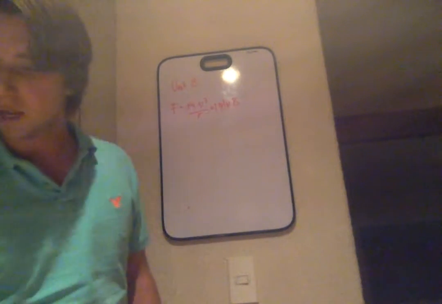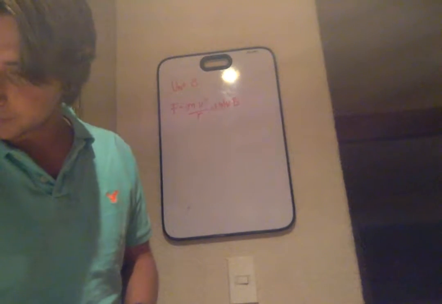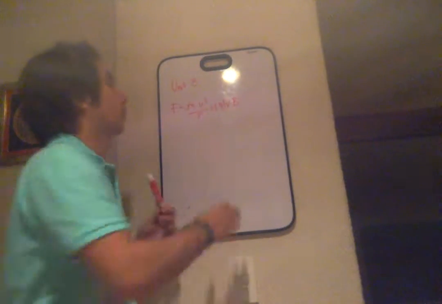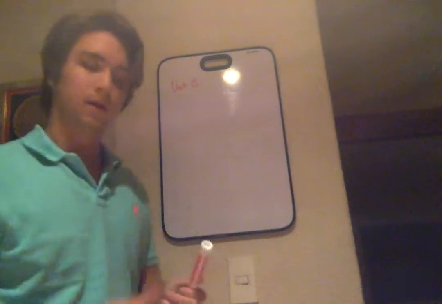And if now we wanted to find the magnetic force on a conductive wire, we follow the right hand rule. This finger will show us the direction of the current, this finger over here will show us the magnetic field, and this finger over here will show us the magnetic force.